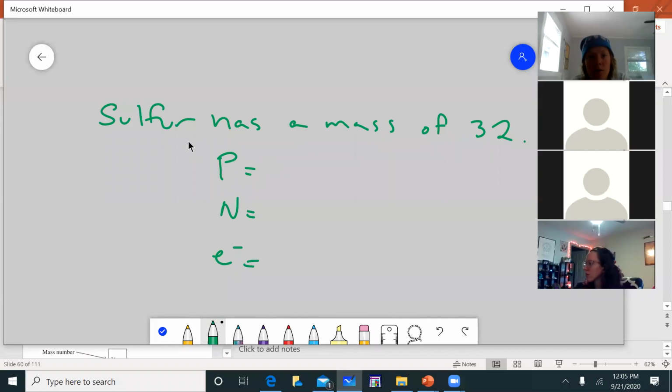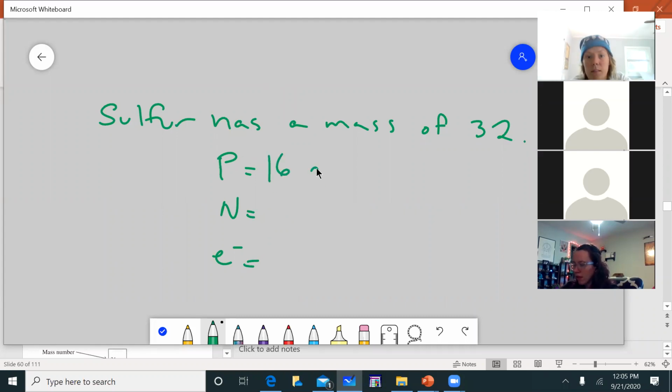All right, so if we're dealing with sulfur, my number of protons should always be 16. That's the atomic number. My neutrons are going to be atomic mass minus atomic number.